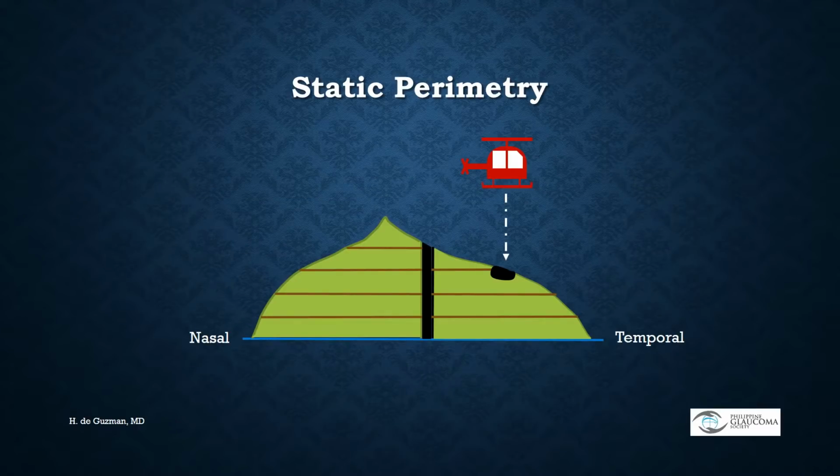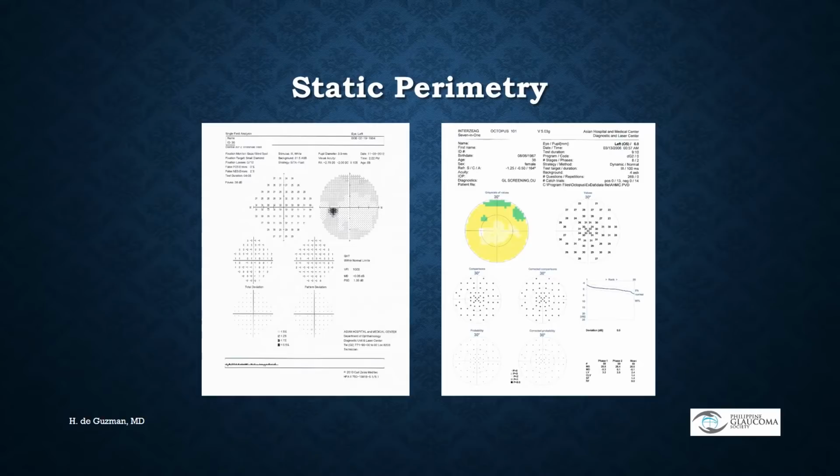Static perimetry is like mapping our island by hovering at a fixed location and slowly descending until we hit land, and then repeating the whole process at multiple locations until the whole island is mapped. These are examples of the results of the two most common static standard automated perimetry machines, the Humphrey and the Octopus.